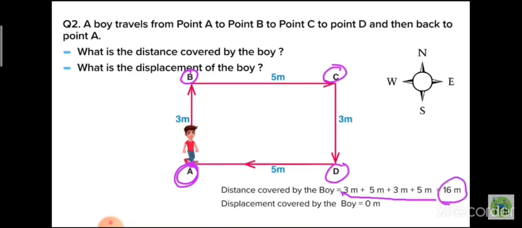Here the starting position and the final position is the same. That is, he has started from point A to B to C to D, and again he comes back from D to A. So the displacement will be 0 meter.